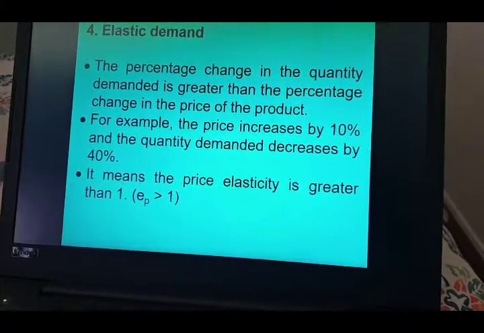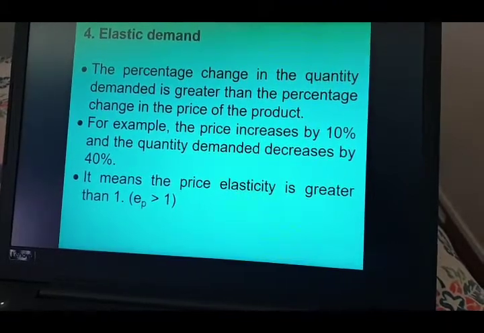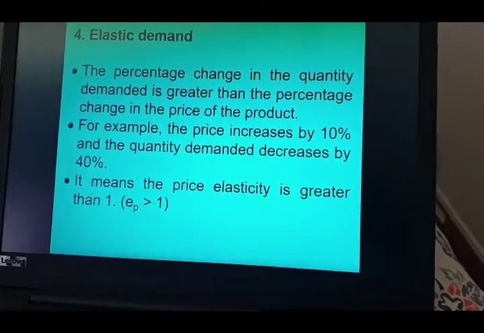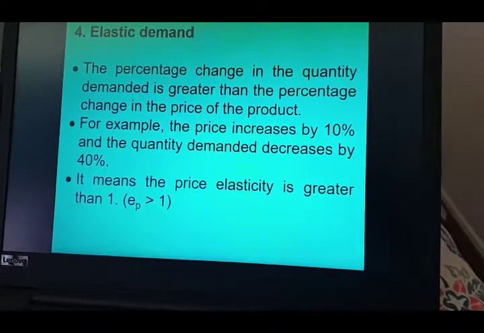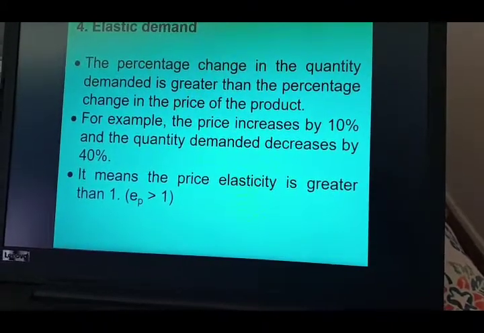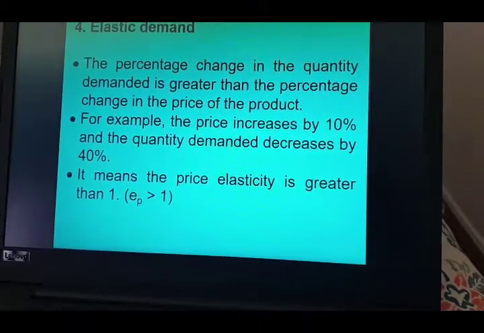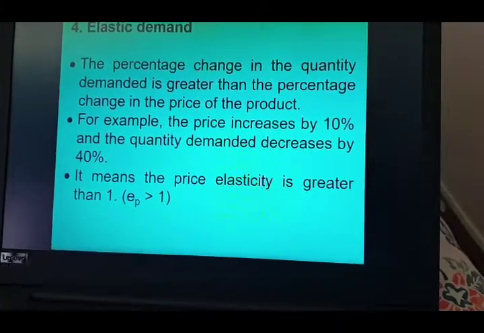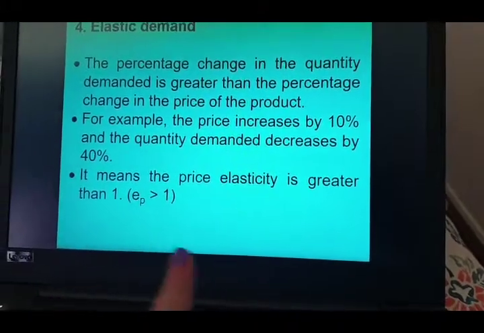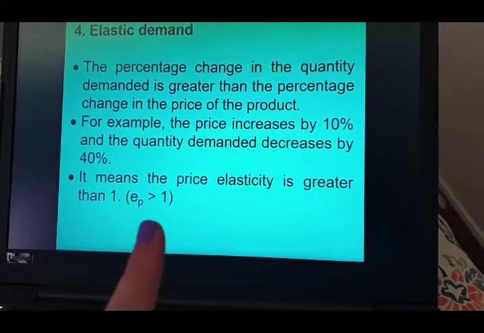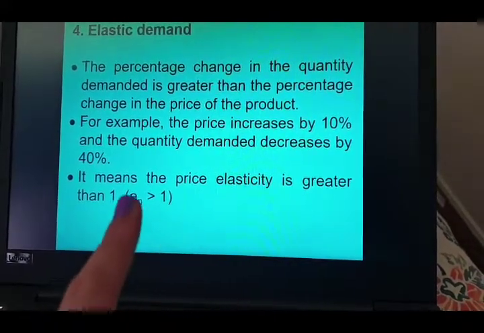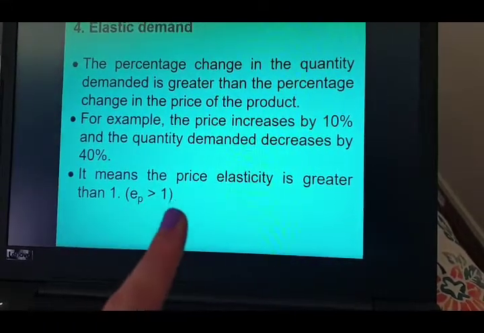You can live without it, and just use some sort of spray at least if you can't afford the perfume. It means the price elasticity is greater than 1, meaning EP is greater than 1.